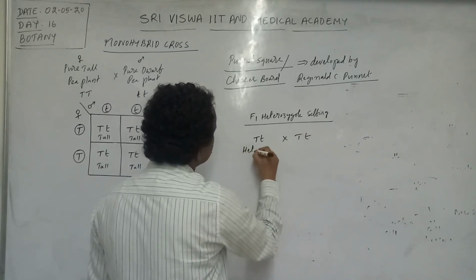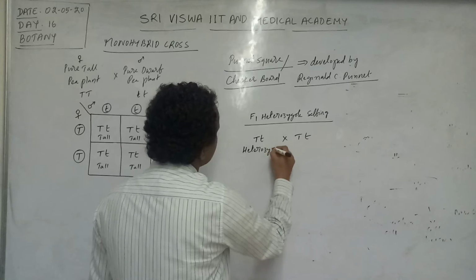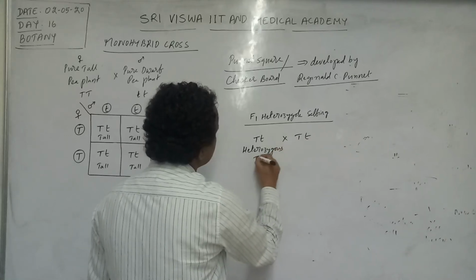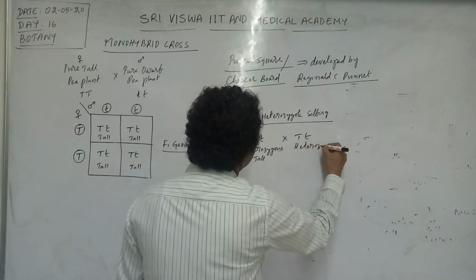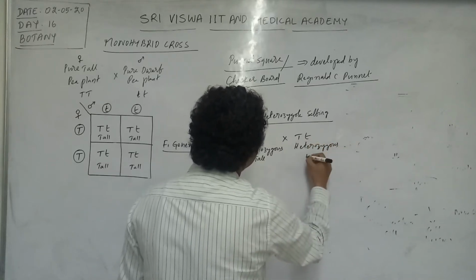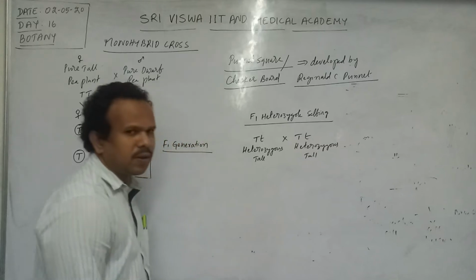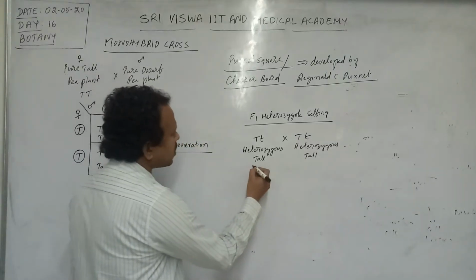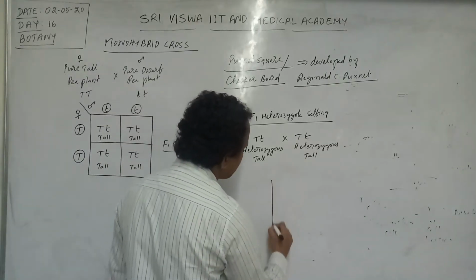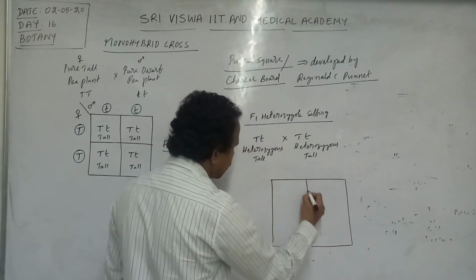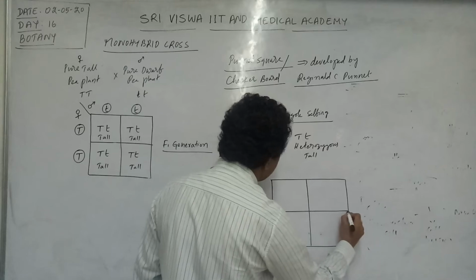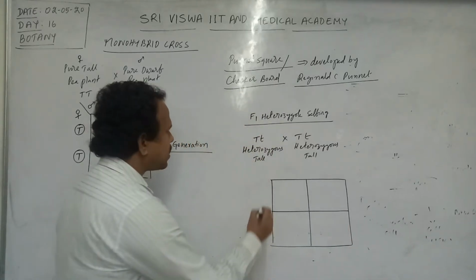This is heterozygous tall, this is also heterozygous tall. Then how many types of gametes does this heterozygous tall produce? How many types of gametes are formed by homozygous individuals? One type. Heterozygous individuals, two types.